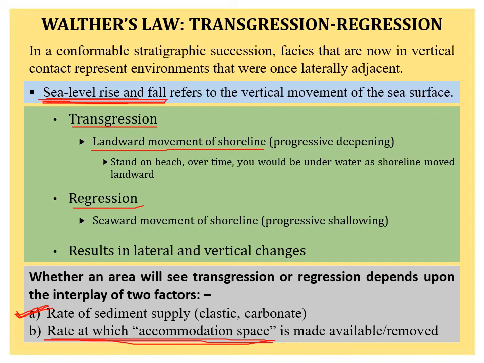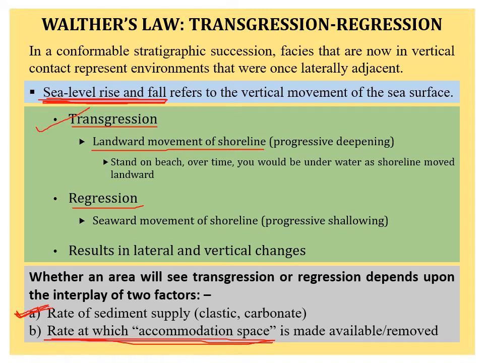Now, as the ocean water receives more and more glacially melted fresh water, globally the ocean level will increase. And due to the increase in ocean water volume, globally the shoreline area of each continent will move more towards the landward side. That means transgression occurs.